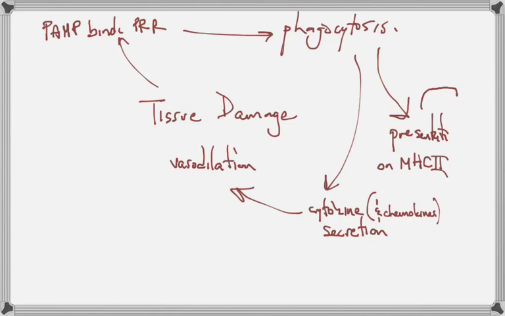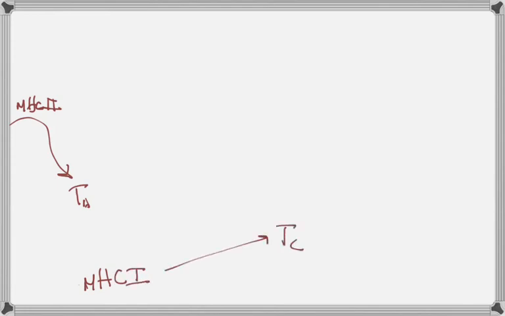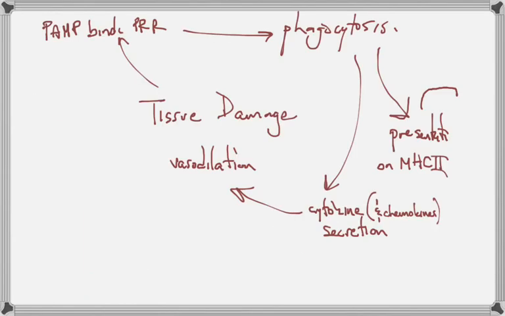So we'll come back to that. For TC, it's actually MHC1 in those cases. So the T helper is MHC2. I'm just going to write a couple of these terms over here. T helper, MHC2. Okay, we'll come back to that.